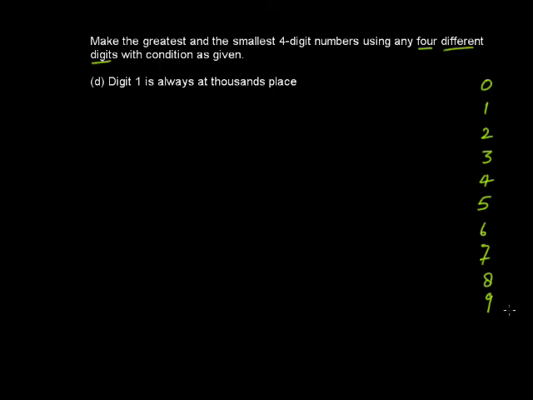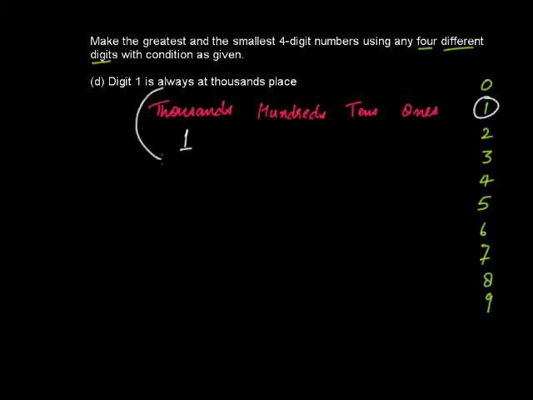So these were all the digits possible. 1 is always at the thousands place, so ones place, tens place, hundreds place and thousands place. This 1 is always at the thousands place, therefore just forget this, ignore it.